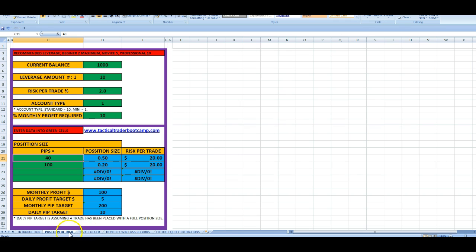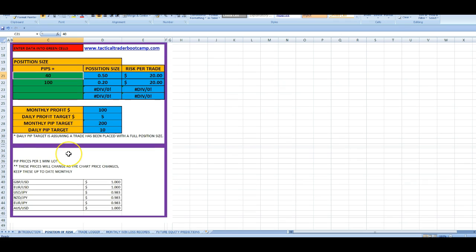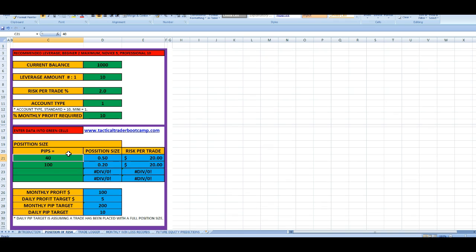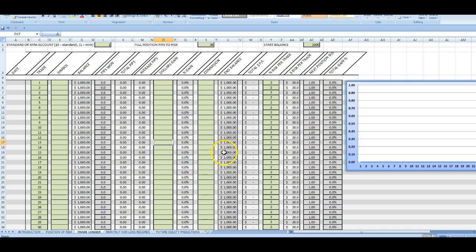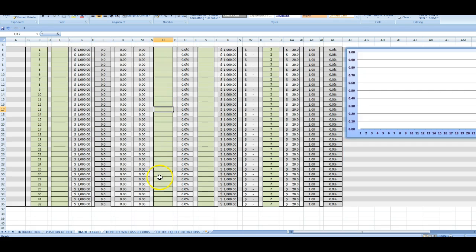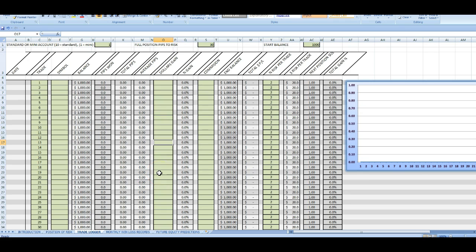Good thing about this spreadsheet is not only does it have all the formulas built in for you, it's nice and simple to use. We have a trade logger, so you can log your trades, find out how you're doing on a daily, weekly or monthly basis depending on how much you trade. I like to use this on a fortnightly basis, and I can see where my trades have been going up or down.